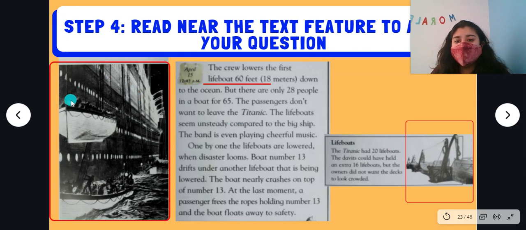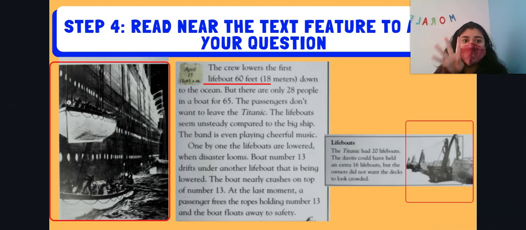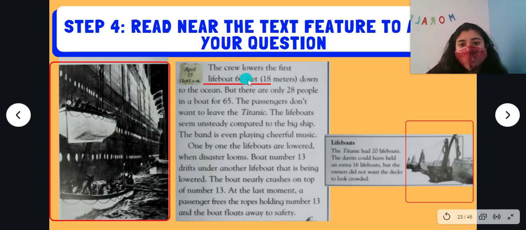And we have seen the Titanic, and now that we have circled all of our keywords, we can do step 4. And step 4 asks us to read near the text feature. So that means read before and read a little bit after to try to get more information. So let's go ahead and read around the text features.